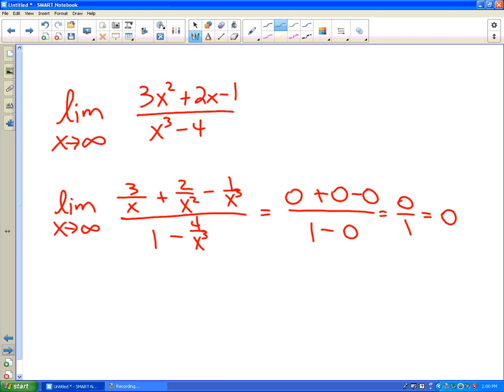So I don't know the behavior of this function in a lot of places, but I do know the graph of it. When I get clear out here towards infinity, it's going to be approaching 0. Jeremy? It would be like this. You're not going to be able to shorten this down to anything.